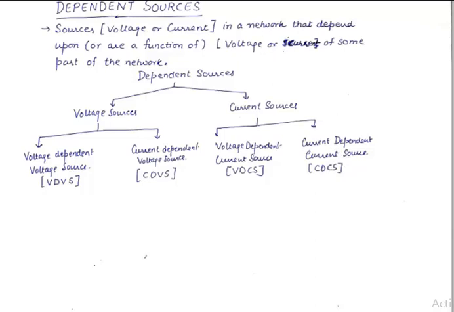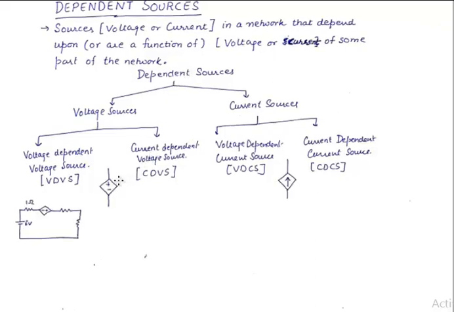And now if we look at the symbols for these, they are going to be a little different from the normal sources. A dependent source will have a symbol of a rhombus like this, and for a voltage source it will have a plus and a minus sign, and over here its value will be written.